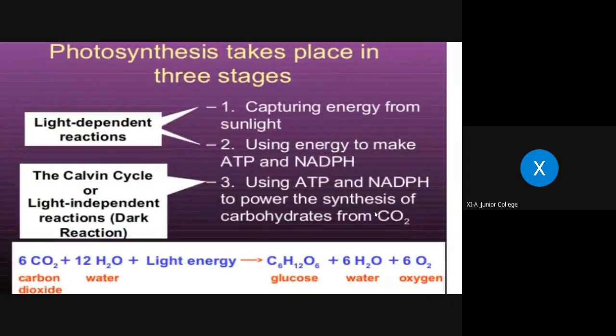Now you remember how it takes place. It takes place in 3 steps or 3 stages. The first step in the process of photosynthesis is capturing energy from sunlight, as I told you. So what is included in capturing the energy? I told you just now.